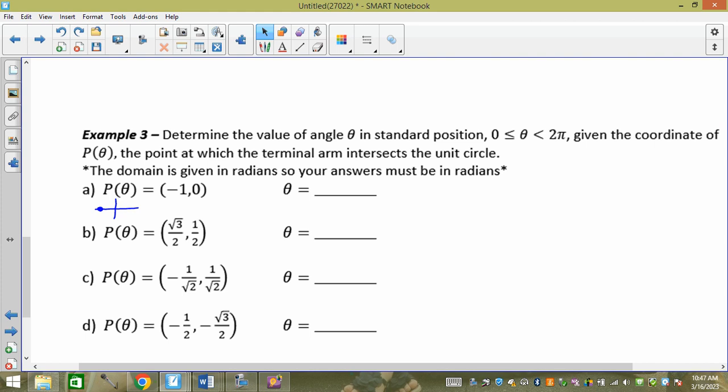Yes? That is pi. That is negative pi. That is negative 3 pi. That is 3 pi. That is 180 degrees. There are so many answers.